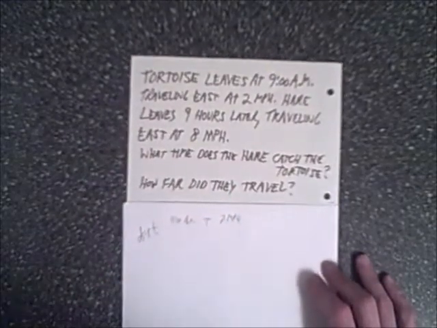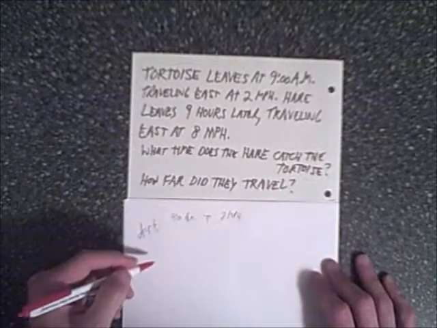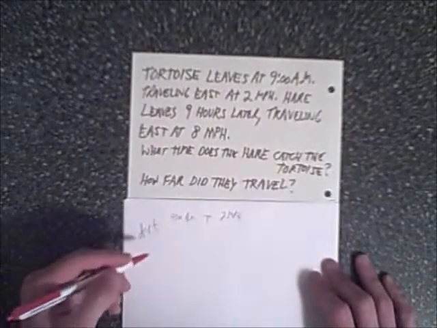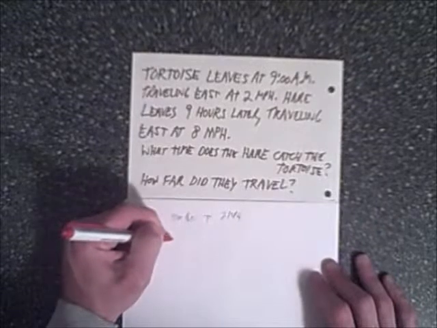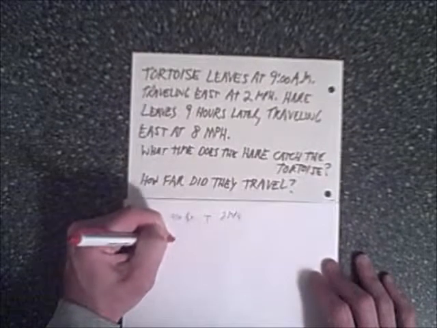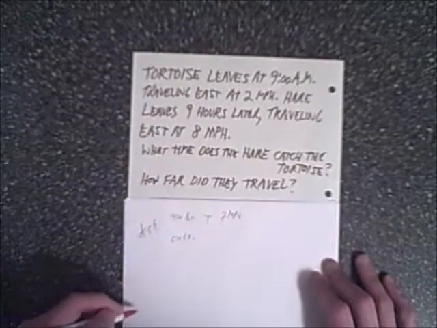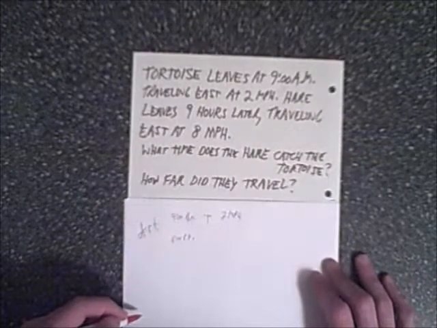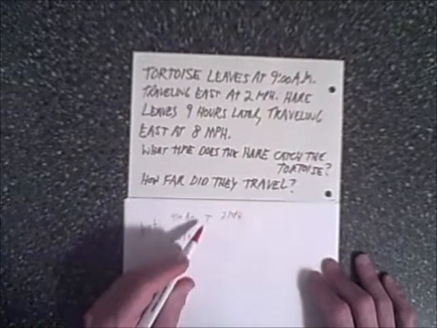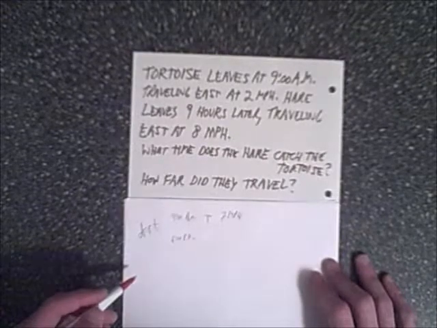Okay, and the hare is leaving 9 hours later. So we're going to make this 6 p.m., but more importantly, the amount of travel time for the tortoise is going to be 9 hours more.